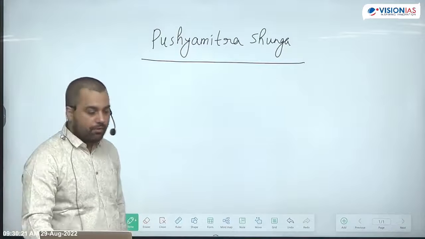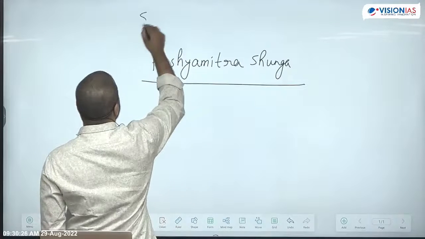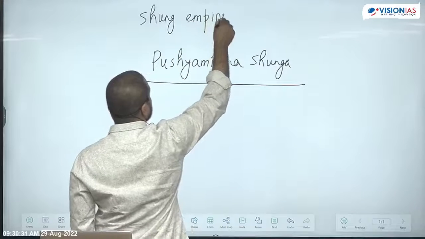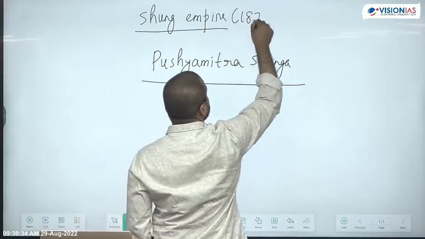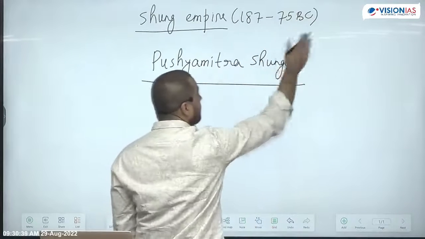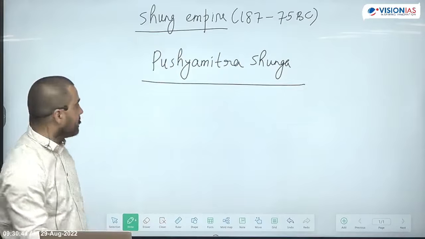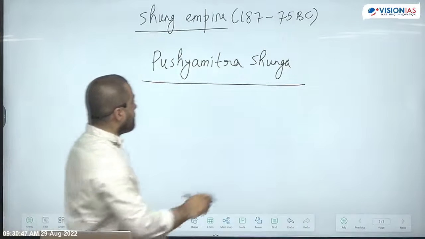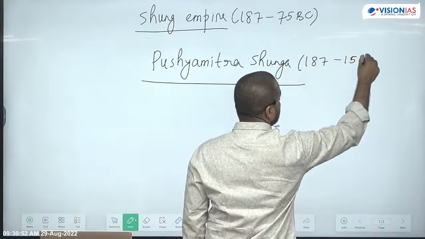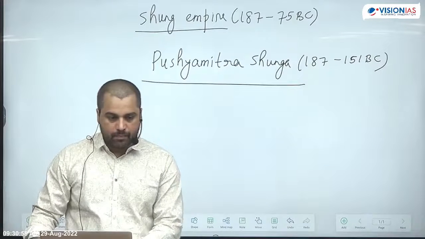Overall, the Shung Empire's time period is from 187. So we are actually progressing towards the Christian era, the Common Era, the first century AD. So Pushyamitra Shunga himself ruled from 187 to about 151 BC. Write down a few things here.